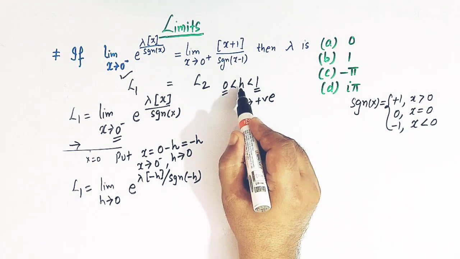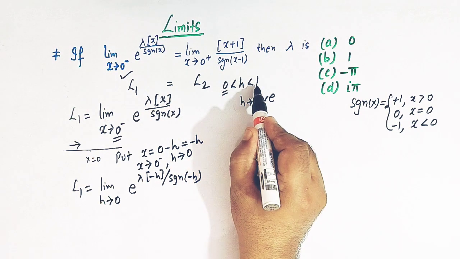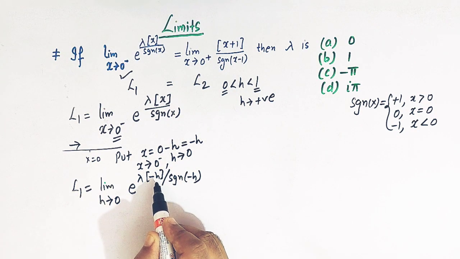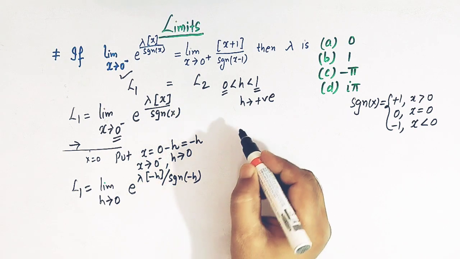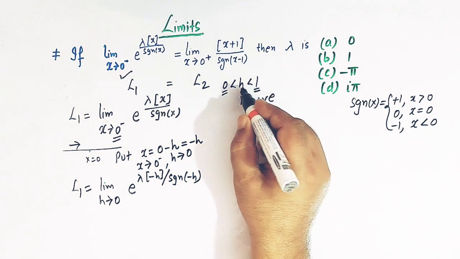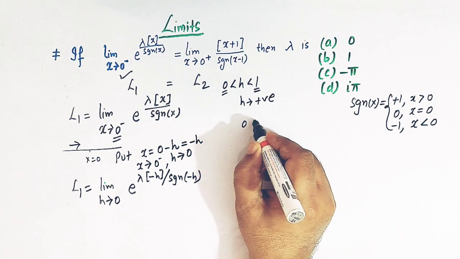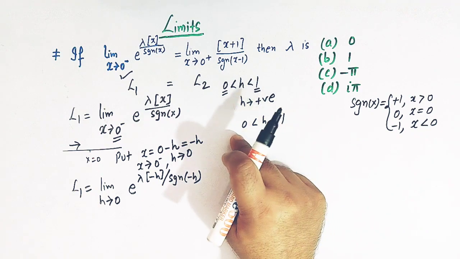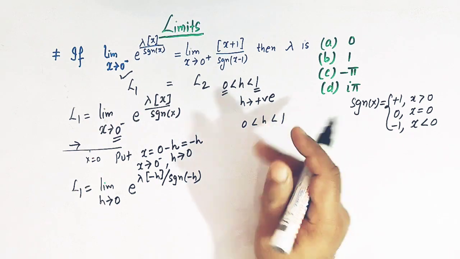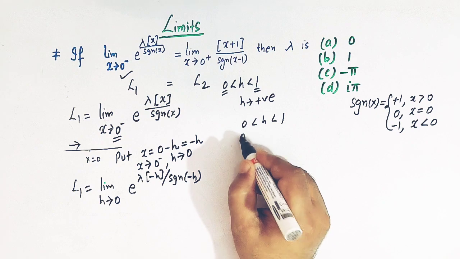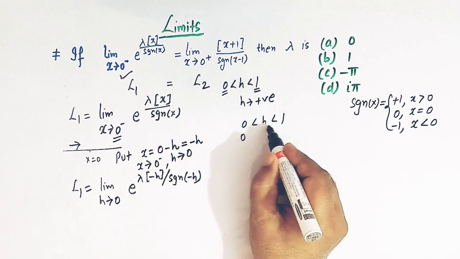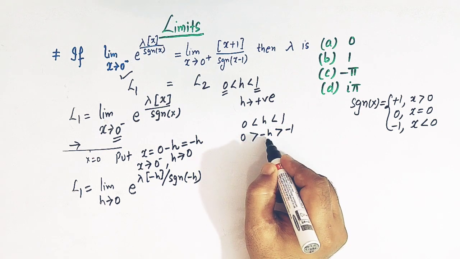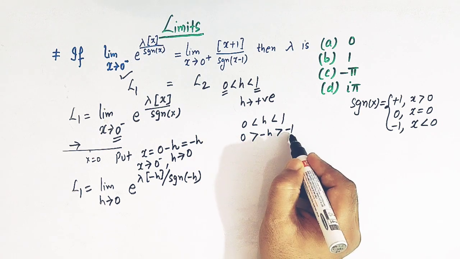So we will take help of the definition of greatest integer function and signum function. Here h lies between 0 and 1, and we need to find greatest integer of minus h. When we have 0, h and 1, if we multiply this inequality throughout by a negative sign, the direction of the inequality gets reversed. So we have 0 greater than minus h and minus h greater than minus 1.